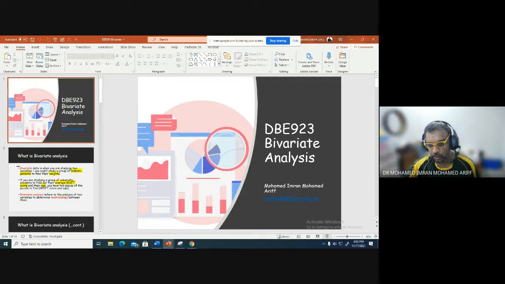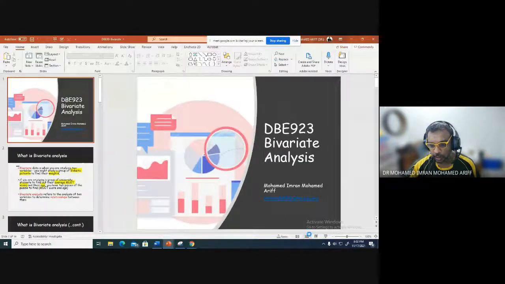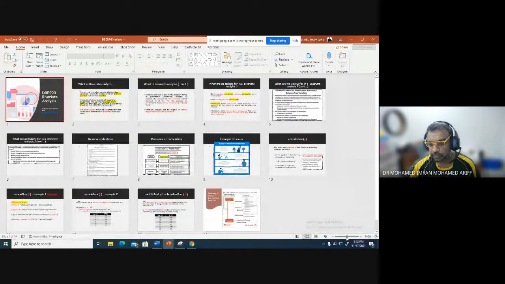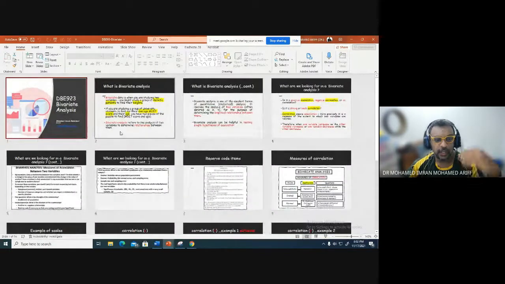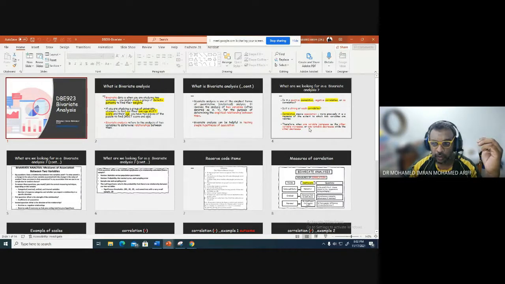So let's just go through an overall. What are we going to cover today? Today we are going to look at what is bivariate analysis. What are we trying to look for? What are we trying to achieve? Why are we looking, and what are we looking for in a bivariate analysis?